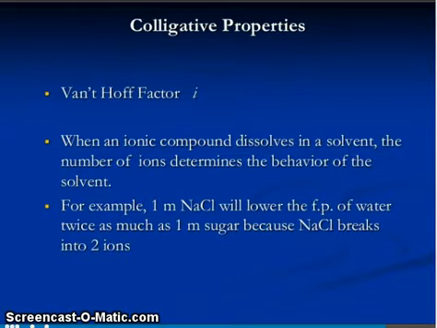The van't Hoff factor i. When an ionic compound dissolves in a solvent, the number of ions determines the behavior of the solvent. For example, 1 molar sodium chloride will lower the freezing point of water twice as much as 1 molar sugar because sodium chloride breaks into 2 ions.